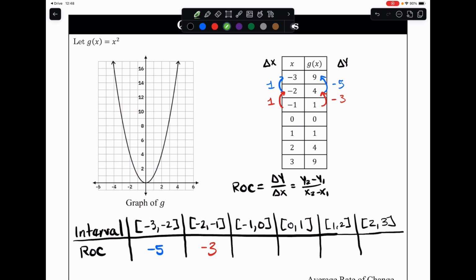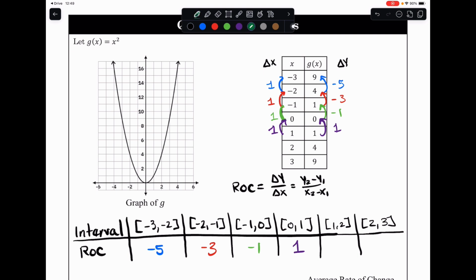Now let's look at the next interval from -1 to 0. We're going to subtract the y. So 0 minus 1 is -1, and 0 minus -1 is +1. The change in y over the change in x is -1. Now here, this has a change of +1 and +1, so our rate of change is 1.